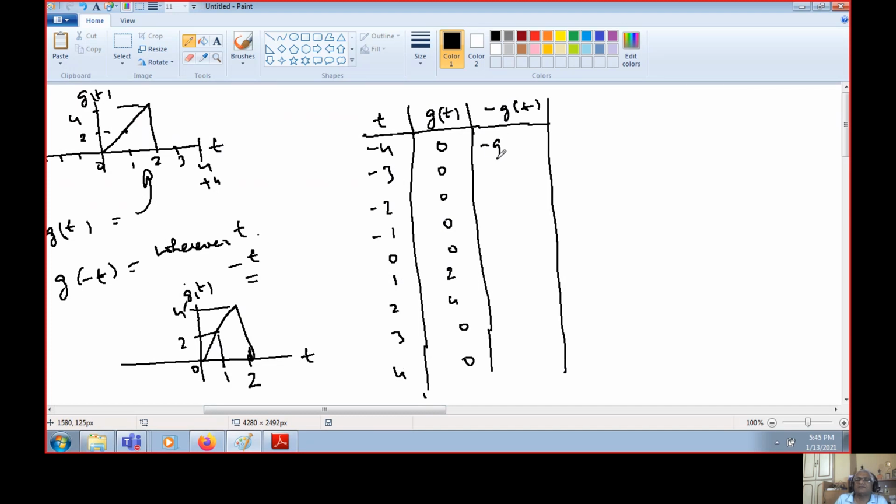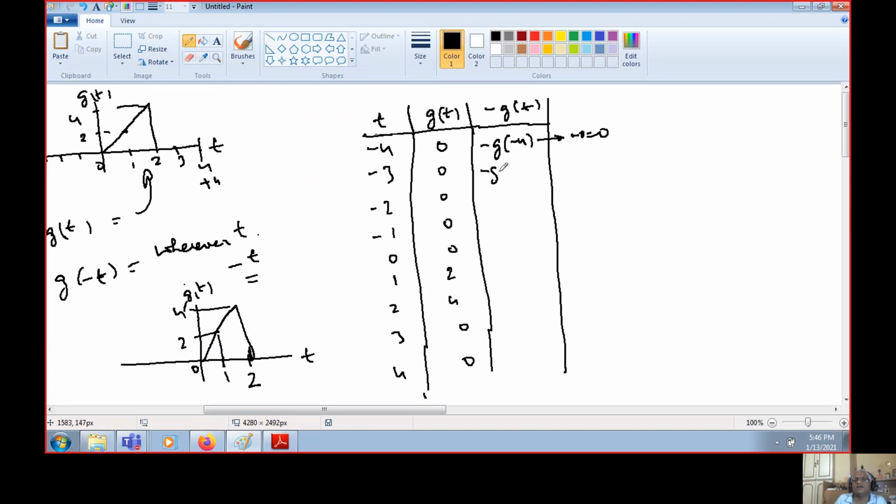It is minus g of minus 4, because t is minus 4 here. What is minus g of minus 4? G of minus 4 is 0. Minus g of minus 4 will be minus 0, which is equal to 0.